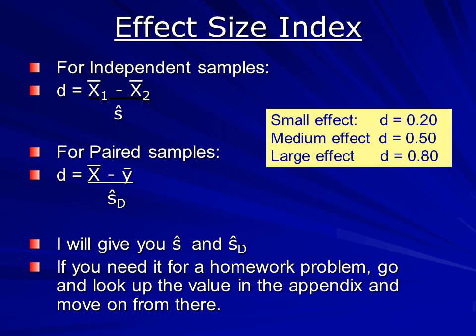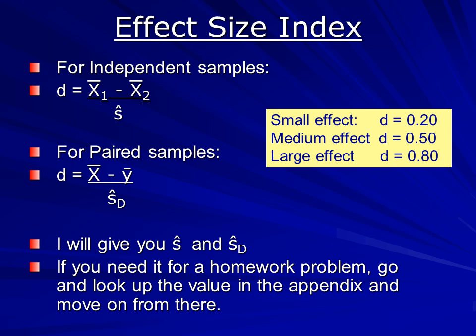What I really care about is making sure that you understand the small, medium, large effect. Again, it's still 0.2, 0.5, 0.8. Anything between there, 0.3 is between a small and medium, 0.6 is between a medium and large, anything over 0.8 is large. When you're trying to write an interpretation, very large doesn't really mean anything.